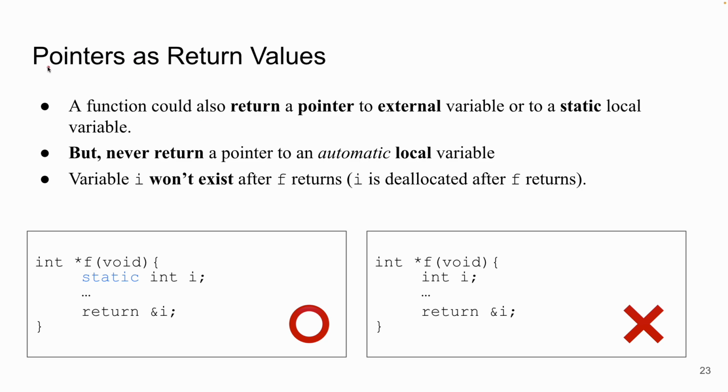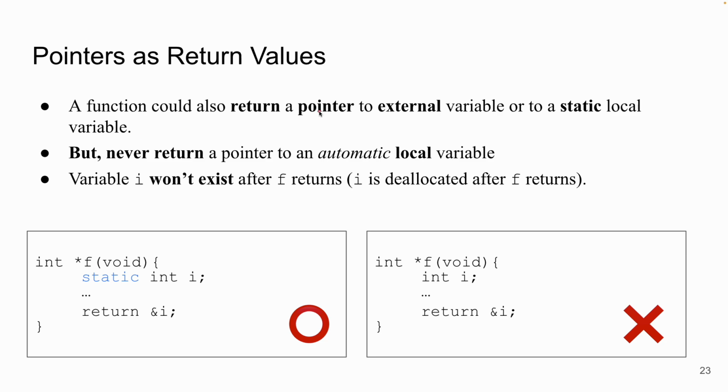So there are some restrictions about using a function to return pointer variables. The first thing I want you to know is that a function can also return a pointer to an external variable or a static local variable.